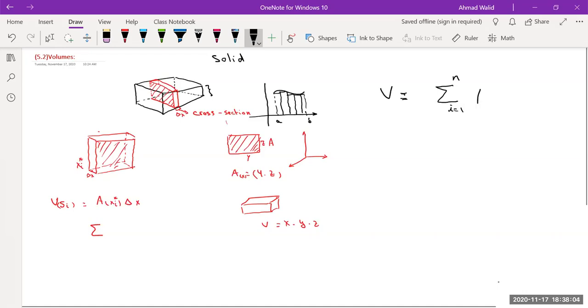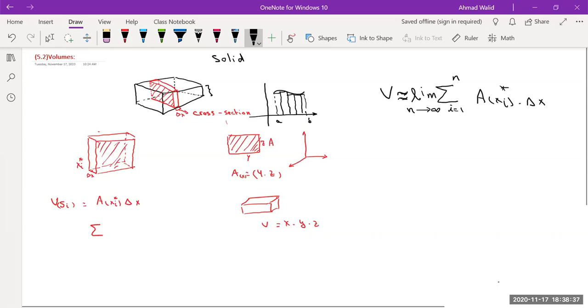My formula, A(xi*), my arbitrary point, times what? Delta X. You shouldn't forget that you need a limit here, right? And n approaching infinity. Limit n approaching infinity means you're taking small pieces, so many of them, and you add them, and it gives you approximately the volume of this object.